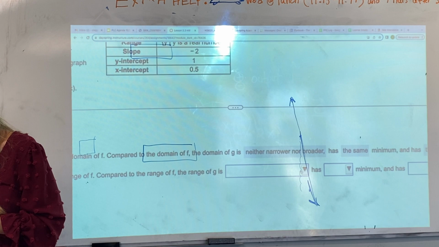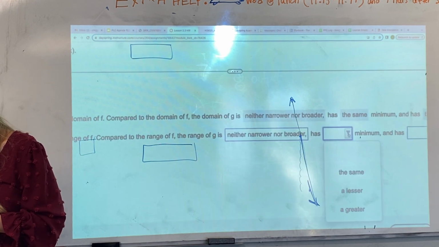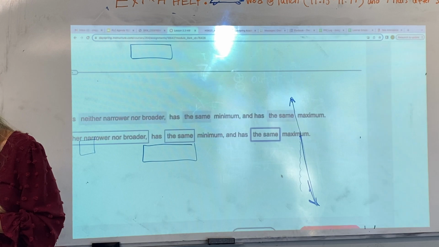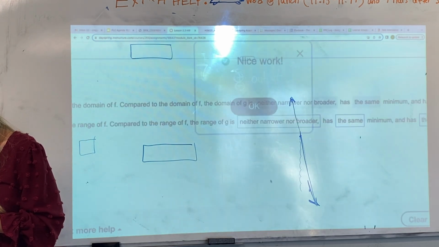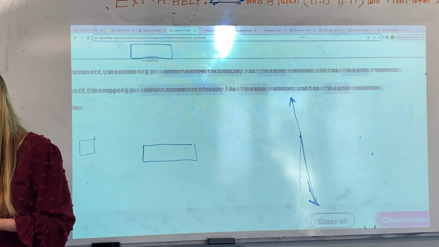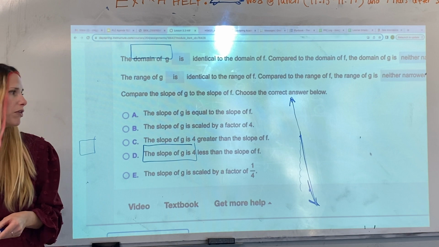Good job. Are you guys totally following this? Yeah. That's a beautiful thing about a diagonal line. It's just a diagonal line that continues in both directions, so it's just real numbers for the domain and the range. Okay, compare the slope of g to the slope of f.